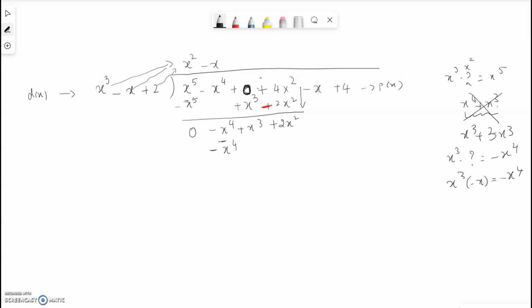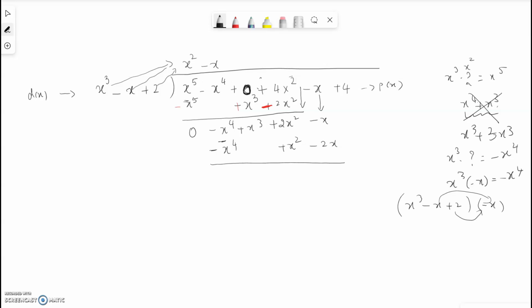We multiply x cubed minus x plus 2 by negative x. So next we multiply negative x with negative x, which is positive x squared, and then 2 times negative x, which is negative 2x. So we line it up with the negative x here.